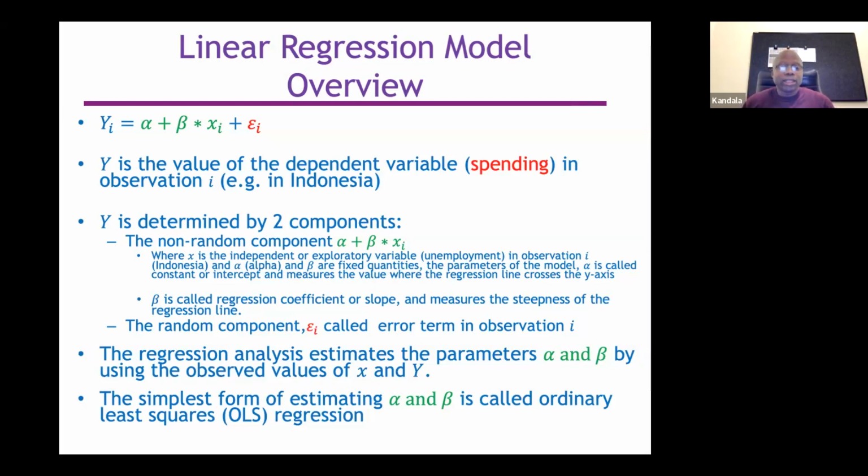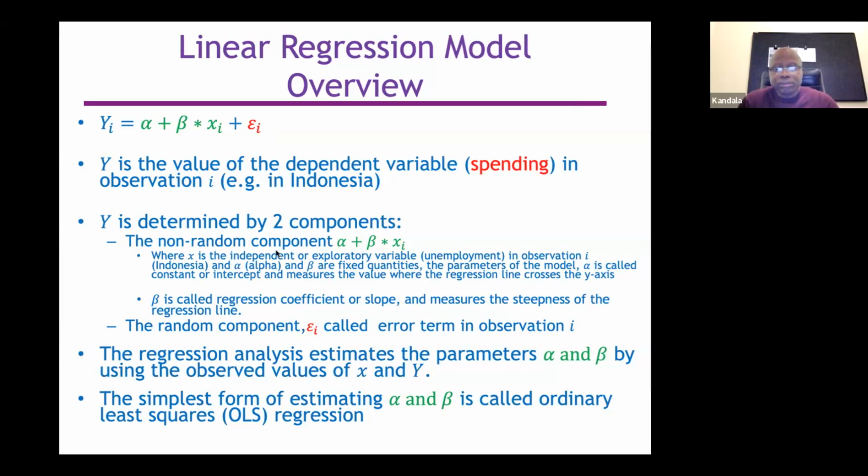The equation for the linear regression model has two components. The dependent variable Y has two components coded in color: the red, which is the random part, and the first one in green, which is the non-random component.